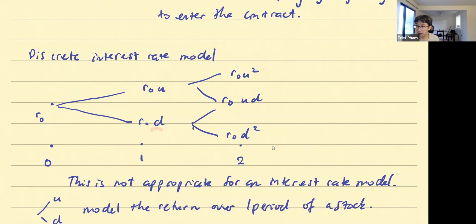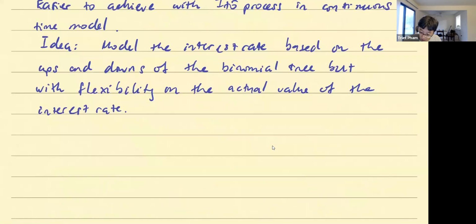D is just a coin flip that lands on the tail. So we want this to give us some fluctuation in terms of modeling the randomness. But we don't want to tie the actual value of the interest rate to the up. So it's like if a coin flips head, our interest rates have to go up by a factor u. There are other ways to do so. And that's what we mean by flexibility, okay?